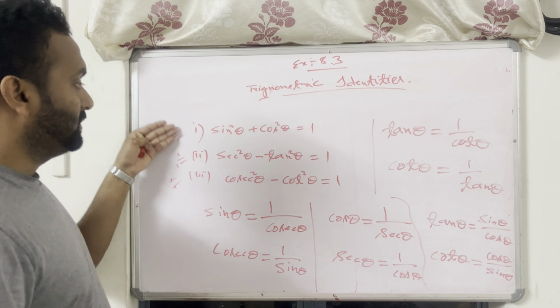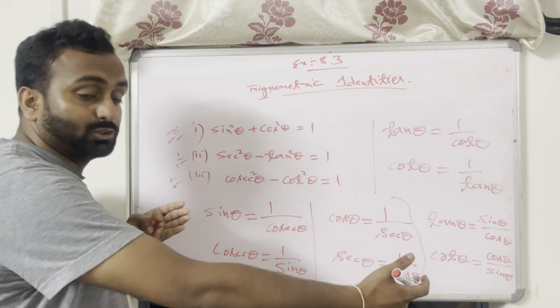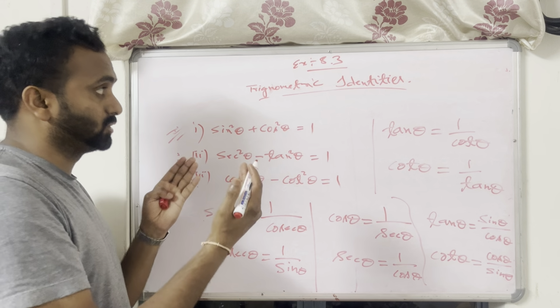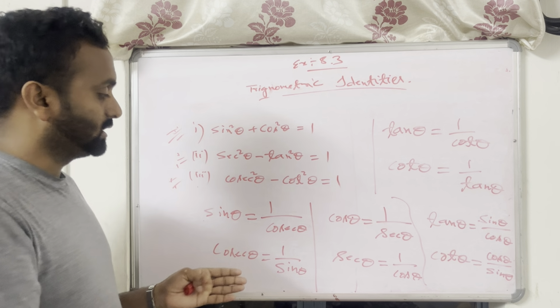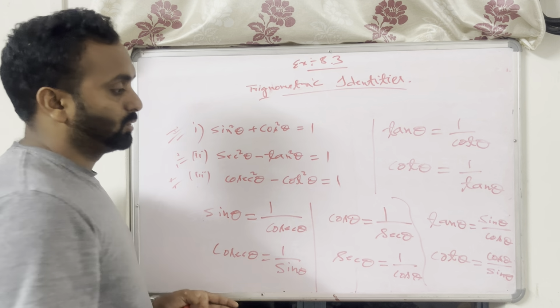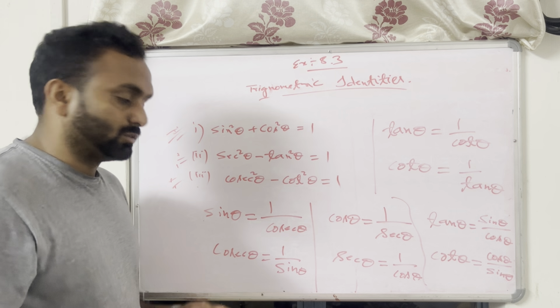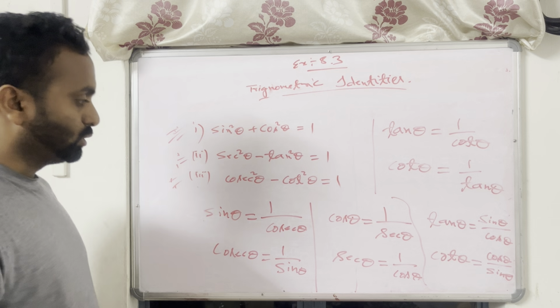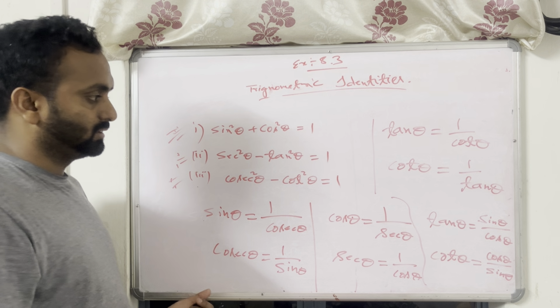So there are three major identities, and there are different forms which will be required to solve this exercise. Plus, other than that, there are these relations which will be required to solve exercise 8.3. So do memorize these formulas.